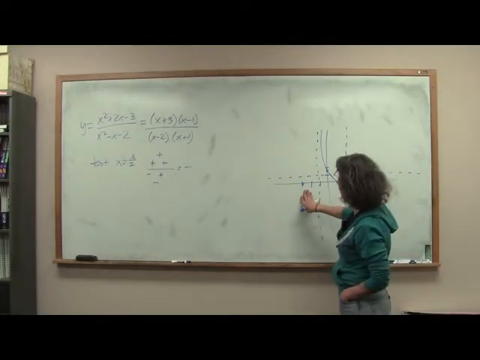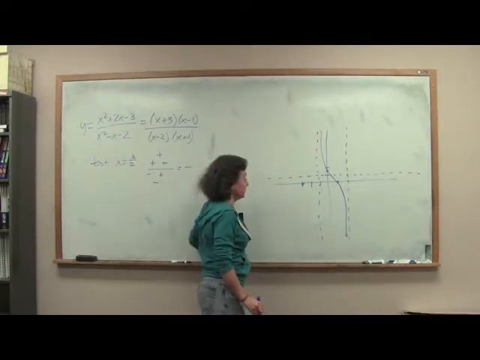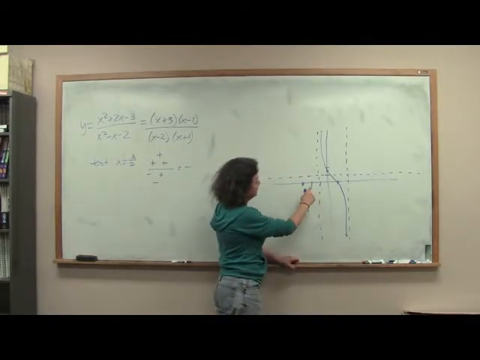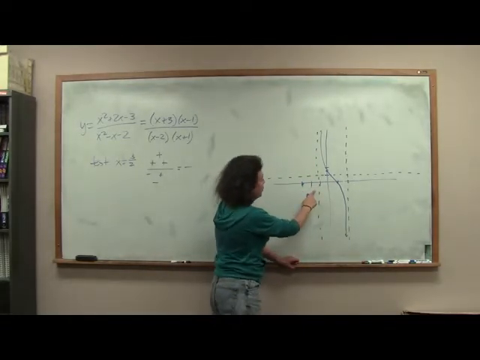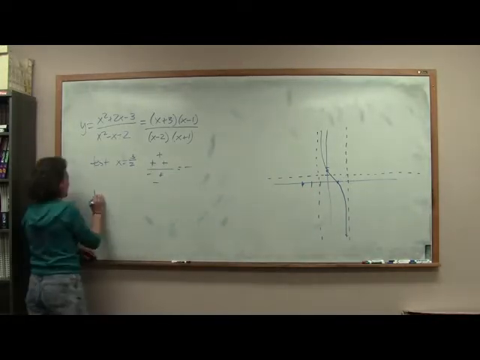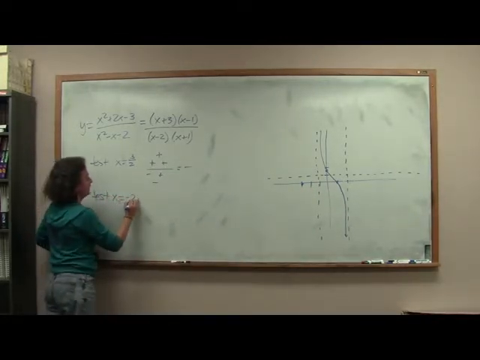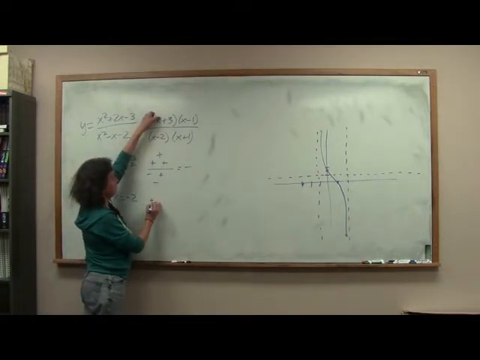Now let's head over here. Okay, again, I'm going to need to take some test points. I need to see from here, do I shoot up or do I shoot down? Well, this is -1, this is -3, so I'm going to test -2. If I plug -2 in here, it's positive.